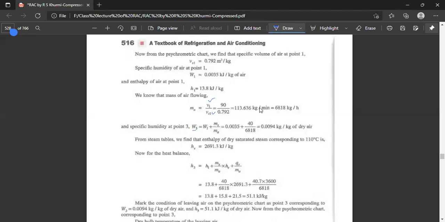Thus, these together will become 51.1 kilojoule per kg, the net heat balance in H3.